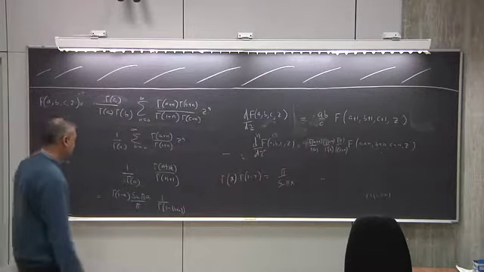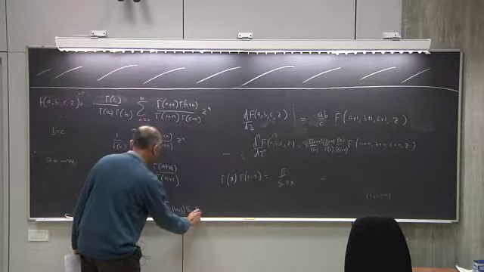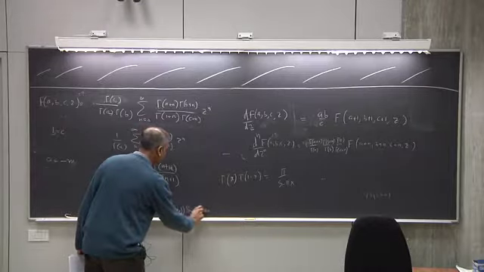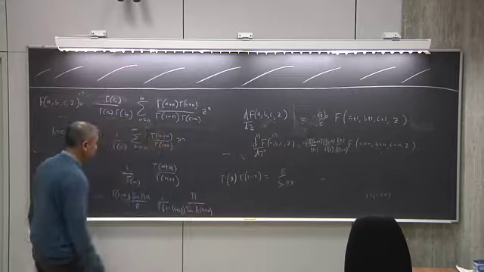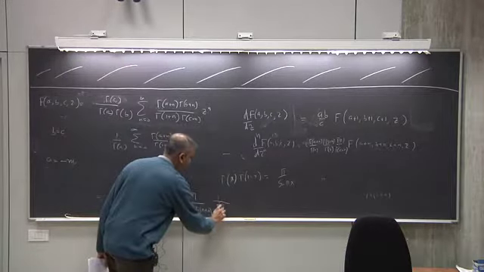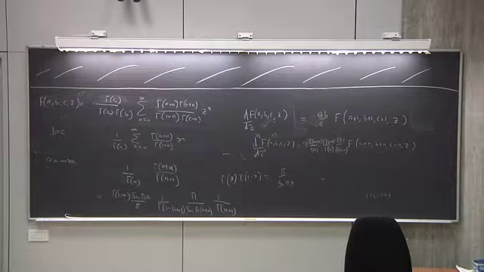And then you get here sine pi times n plus a, divided by pi. And then there is a 1 over gamma n. There is no problem with the gamma n. I leave it as it is.